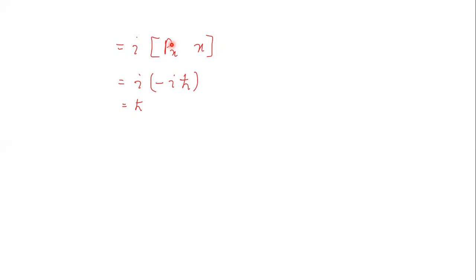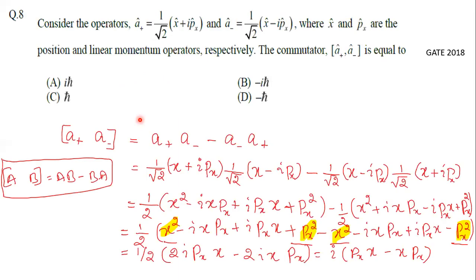The commutator of px and x is minus i h bar, because we know the general relationship that the commutator AB is equal to minus the commutator BA. We use that, and we get this value to be minus i h bar. Then we simplify, and you will get the answer as h bar. So that is your answer, h bar.